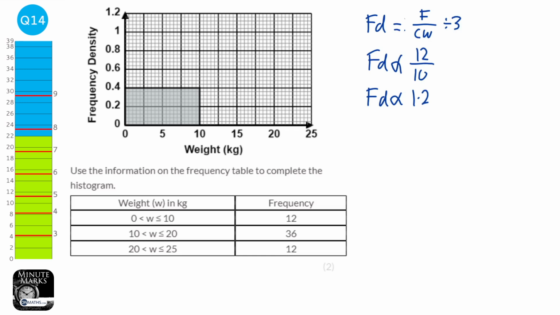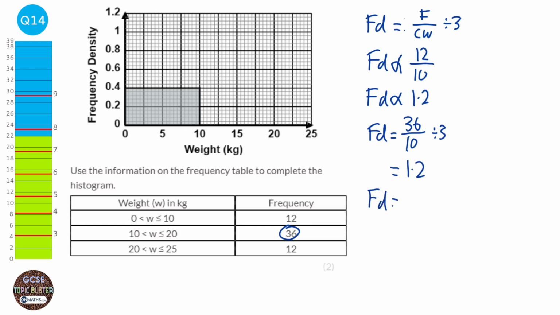Okay, and so to find out what the frequency density is for the next one, we're going to do the frequency, which is 36, divided by the class width, which is 10, and then divide it by 3. And so when we do that, we get the answer of 1.2. And then we're just going to do the same with the next one. Frequency density is going to be the frequency, which is 12, divided by the class width, which on this one is 5, divided by 3.